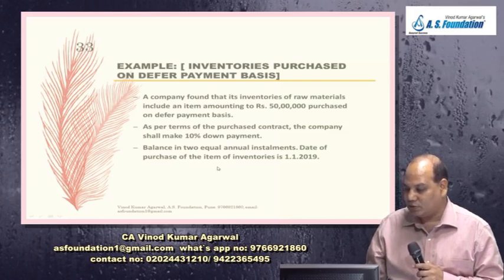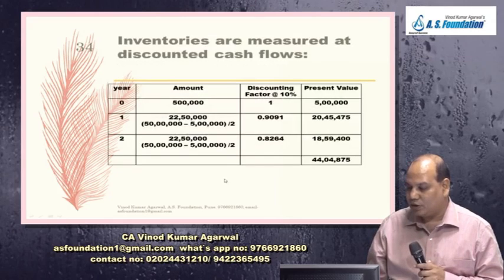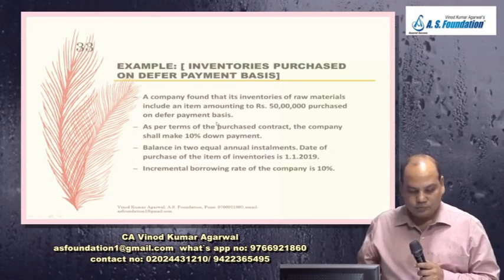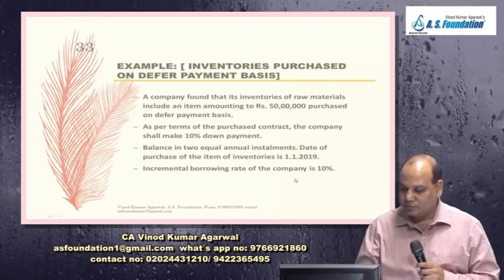Date of purchase of the item of inventory is 1/1/2019. Incremental borrowing rate is 10%. So what you will have to do, you have to find out what is the amount at which the inventory purchase will be initially recognized, and then you have to pass the entries also till the payment date.